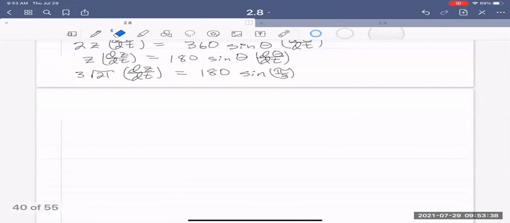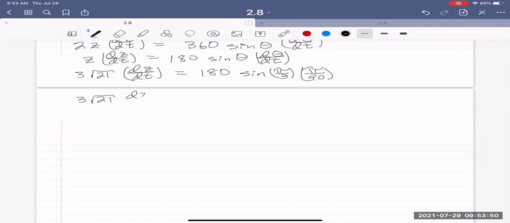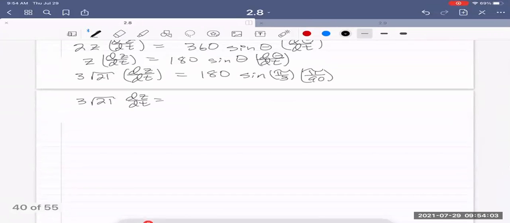So this is equal to, 180 divided by 90 is 2, so this is 2 pi.